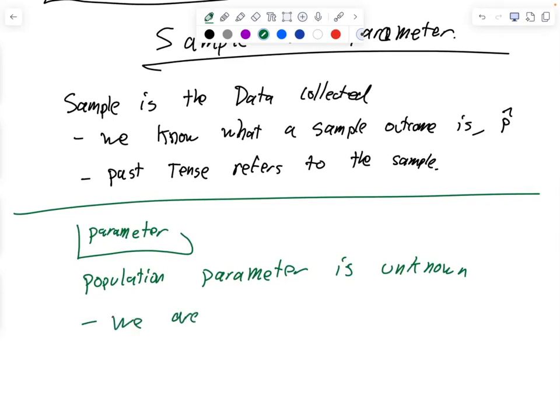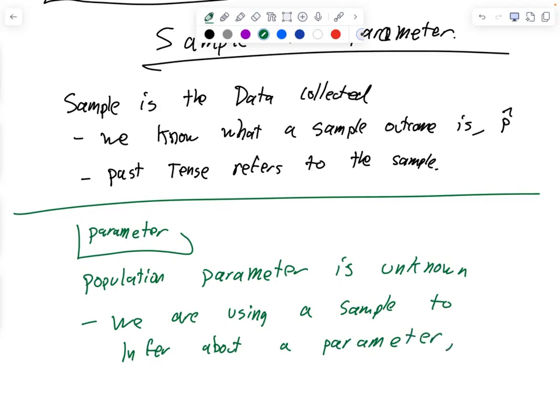We are using a sample to infer about a parameter. In this case, the parameter is P. Okay? We don't know what P is.